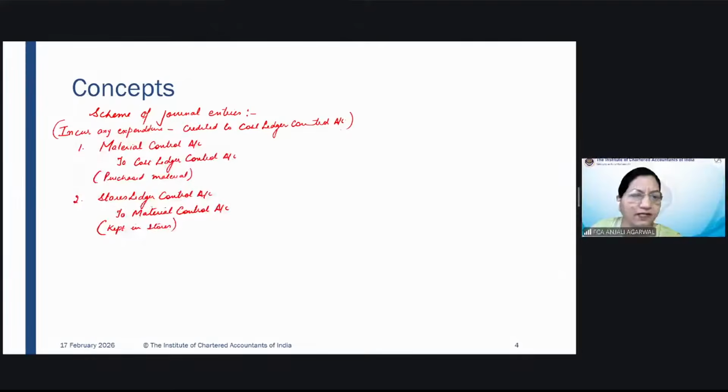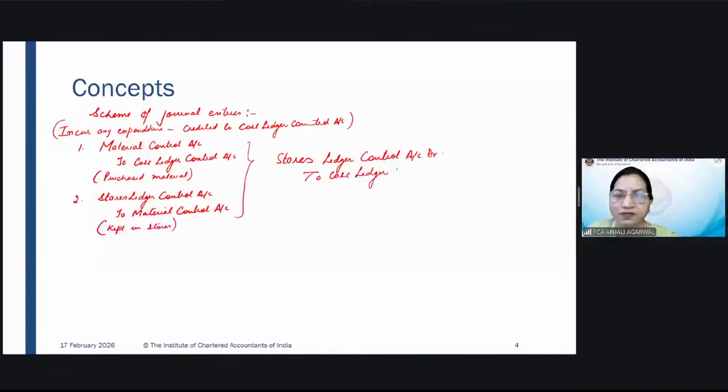Now these two entries can generally be combined in the non-integrated accounting system, because the material control account will get cancelled here. So you can directly pass a journal entry combining the two. So whenever the raw material is purchased, stores ledger control account debit to cost ledger control. Instead of passing two entries here, we pass one single entry. Stores ledger control account debit to cost ledger control account.